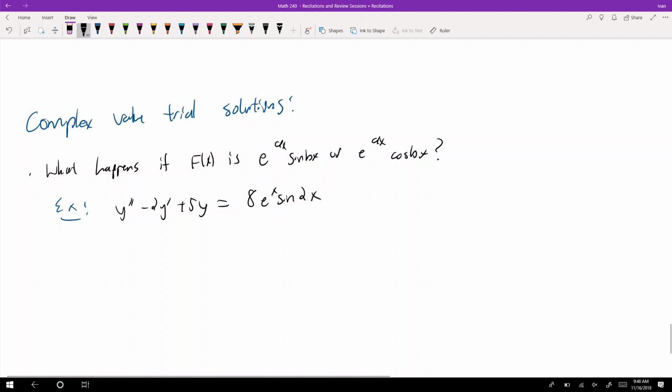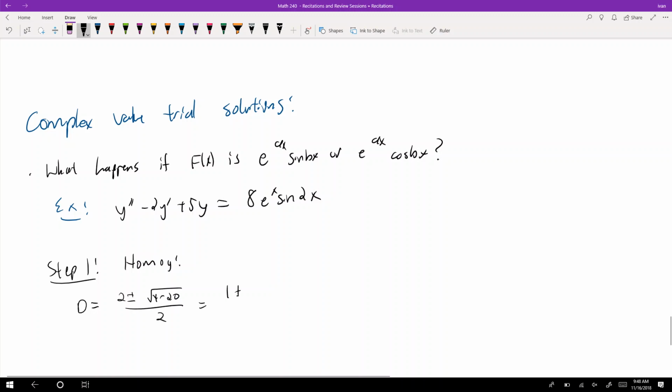Okay. So what you have to do then is the following. Step 1 is always the homogeneous. You can't factor this guy, and so you'll get d is equal to 2 plus or minus the square root of 4 minus 20, all over 2.